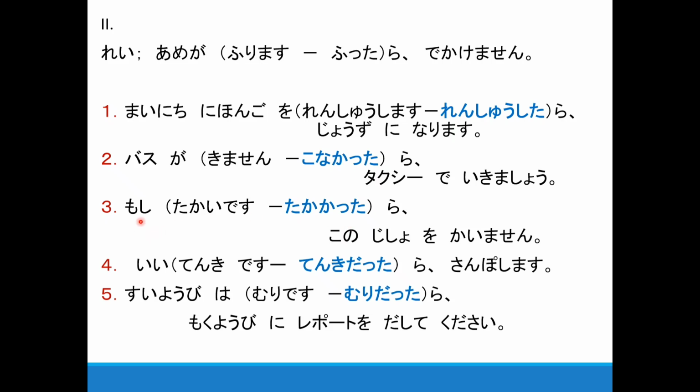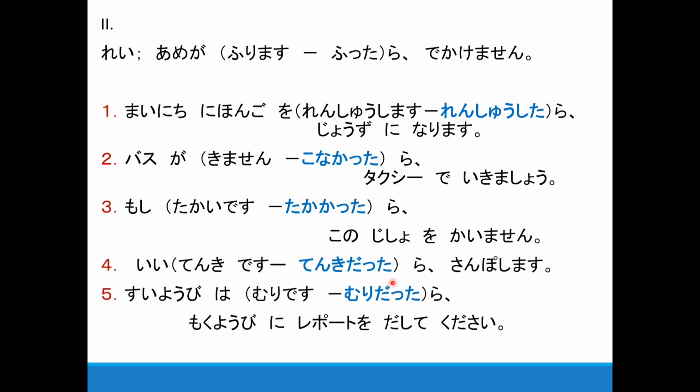So, もし高かったらこの辞書を買いません。Next, number 4: いい天気です。天気 is a noun. So, 天気だった is in plain past form.